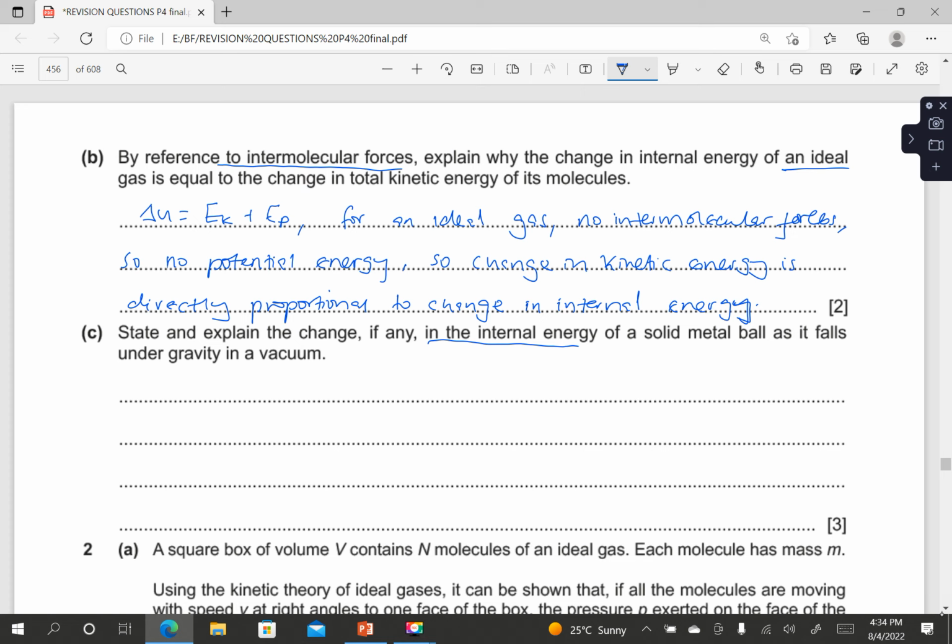Opinion number one, the potential energy of the molecules does not change.